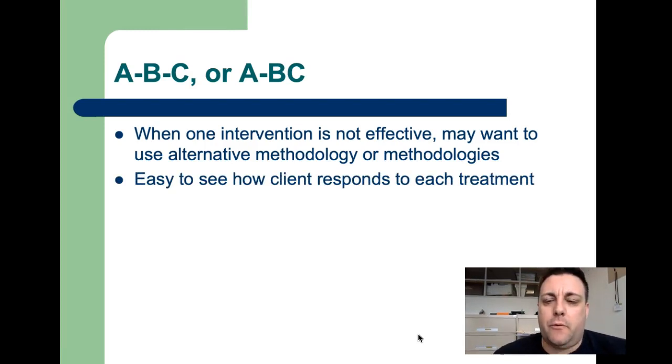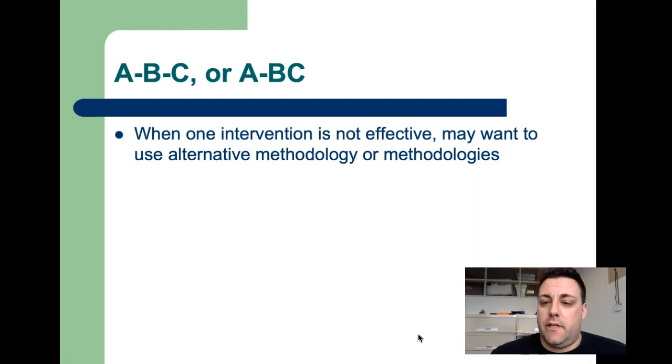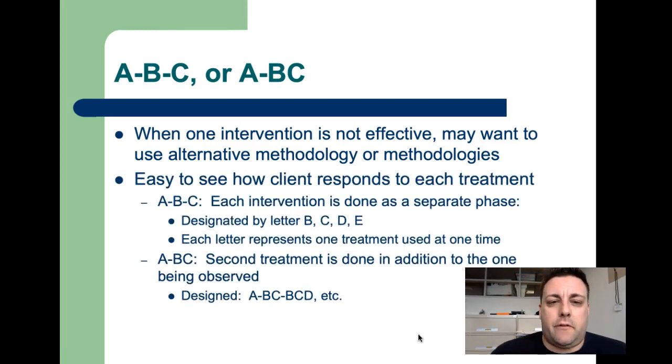The useful part of these designs is that we can see how clients respond to either each intervention individually or a combination of interventions, and that's useful really for clinical practice. As I said a second ago, I think it bears repeating, each successive letter in the alphabet denotes some kind of additional intervention.